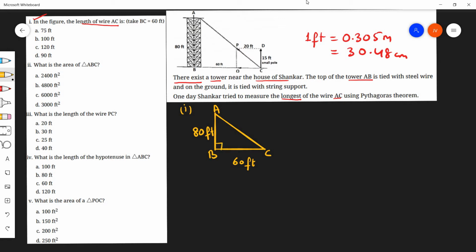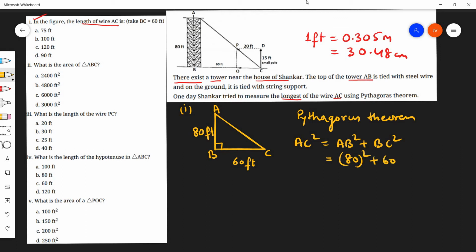It is a right triangle, so we can directly apply the Pythagoras theorem. According to Pythagoras, the square of the hypotenuse is equal to the sum of the squares of the other 2 sides. Here we should find the hypotenuse length, which is 80 square plus 60 square.